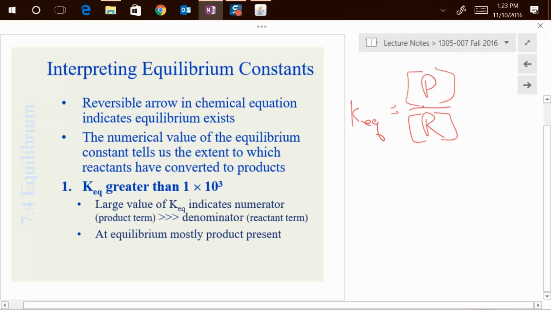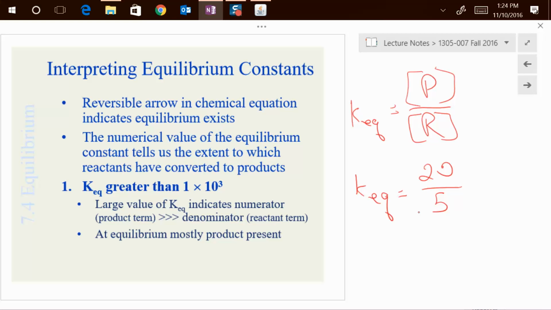So if my top number is bigger, let's say my KEQ was equal to 20 over 5. So 20 divided by 5 is what? 4. Okay? Because this is bigger, this number is greater than 1.